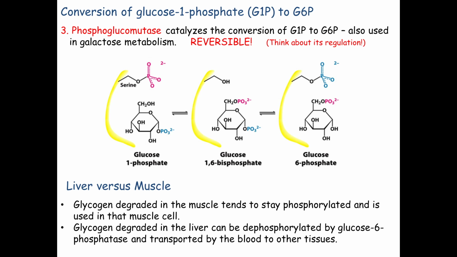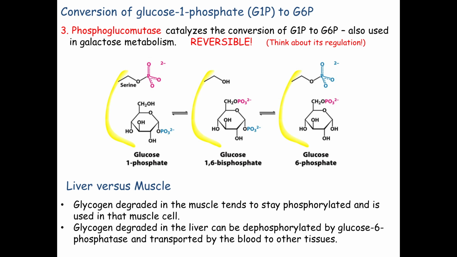Could you repeat the question? So this is a reversible isomerase, right? Like a lot of our isomerases we saw in other pathways. Do we want to regulate the activity of this thing? Or do we just let it happen and let it go in whatever direction the substrates and products dictate?